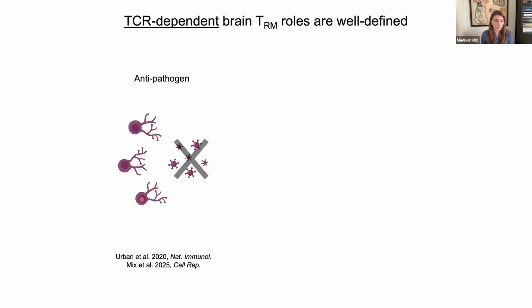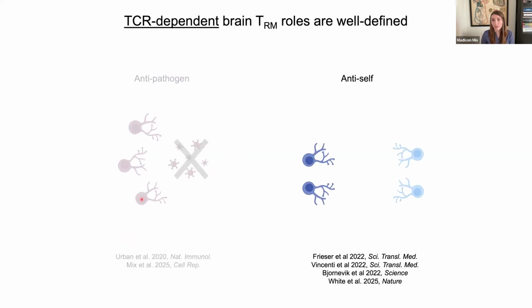And so I think there is a biological motivation for these cells to go in the brain after a peripheral infection or vaccination, such that if a pathogen were to change in tropism or escape peripheral immunity, you have a first line of defense. What we also know is that for certain specificities, if TRM have T cell receptors that are, say, specific to neuropeptide-containing neurons or myelin, these cells can wield neuroautoimmune disease.